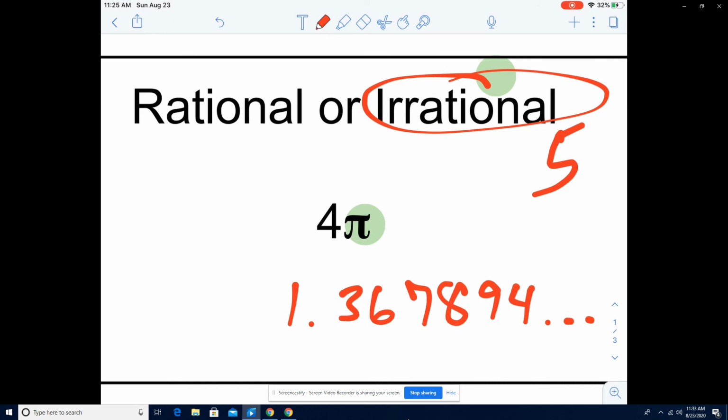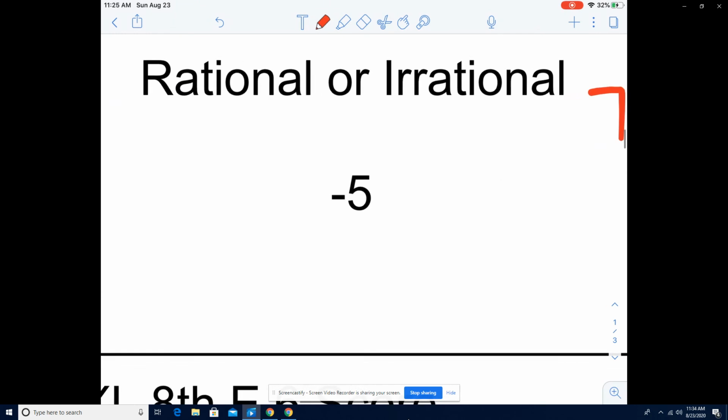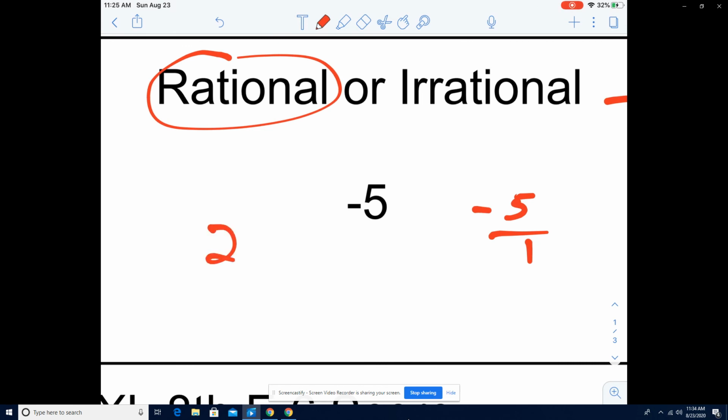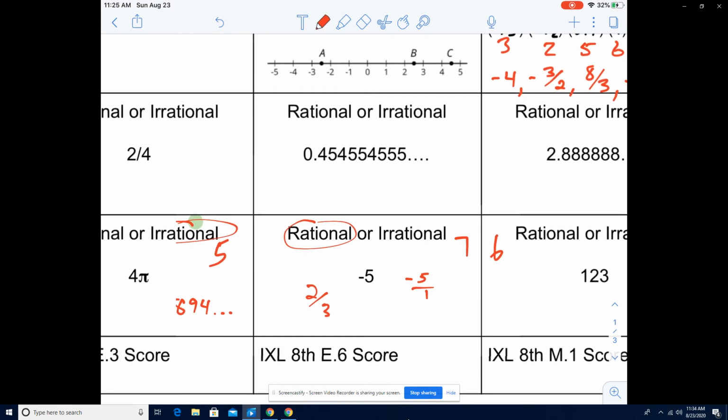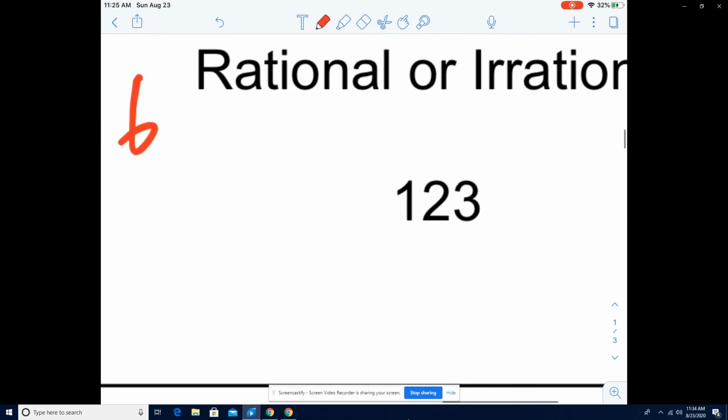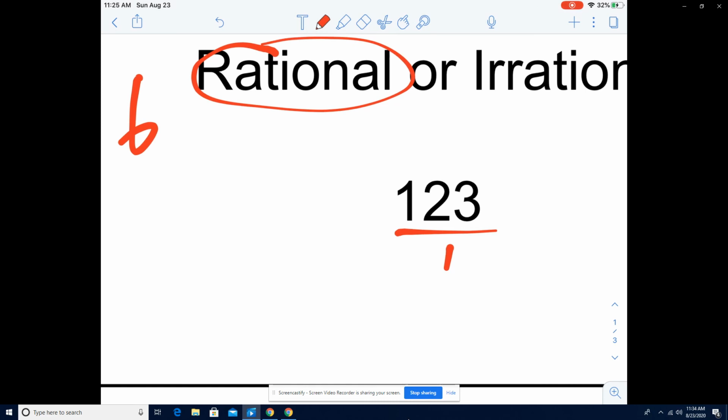That guarantees a number is irrational. If you can write it as a fraction, it guarantees it is rational. So negative 5 over 1 guarantees it is rational. 2/3 rational. If I can write it as a fraction, it is rational. Again, 1, 2, 3, I can write it as a fraction, just put it over 1, rational.